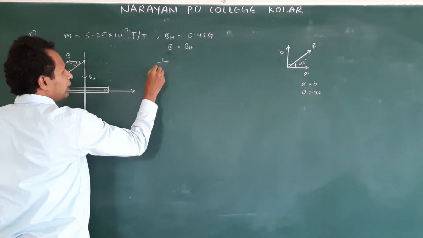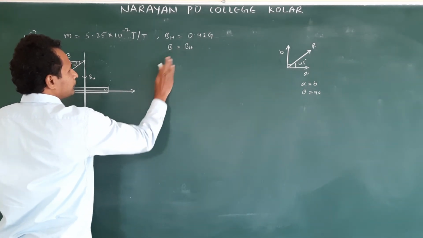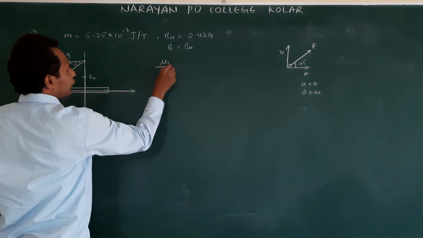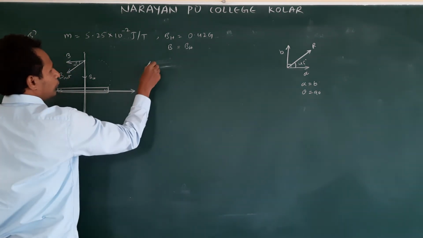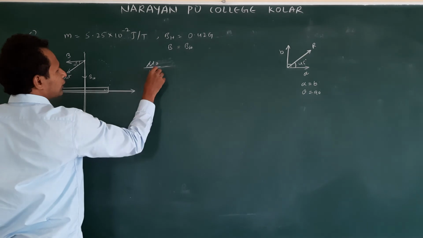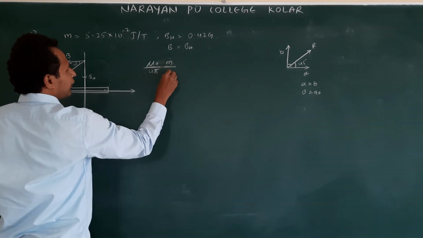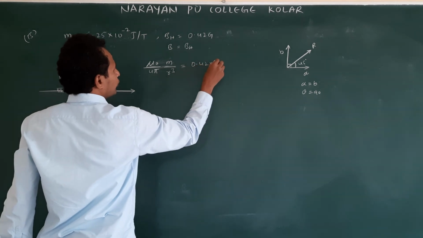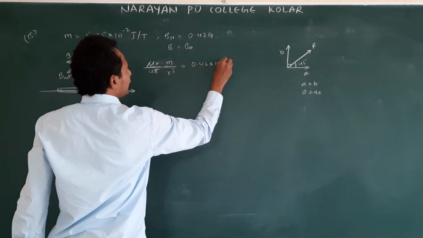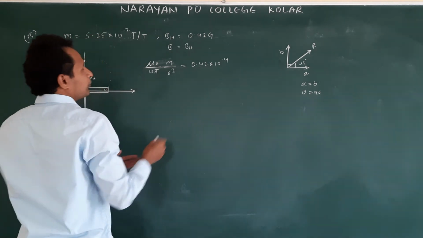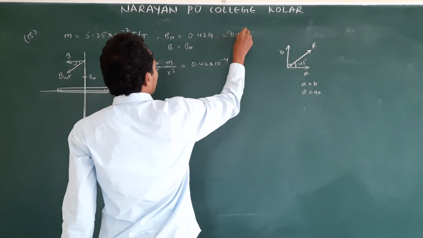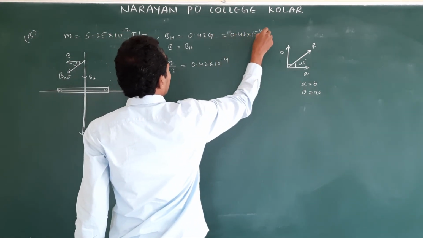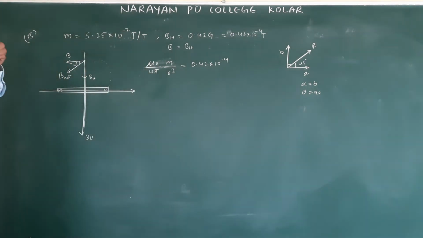So mu naught by 4 pi, equatorial, m by r cube is equal to 0.42 into 10 power minus 4. This is converted into Tesla. Clear?